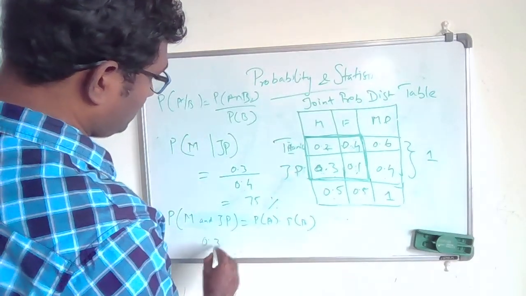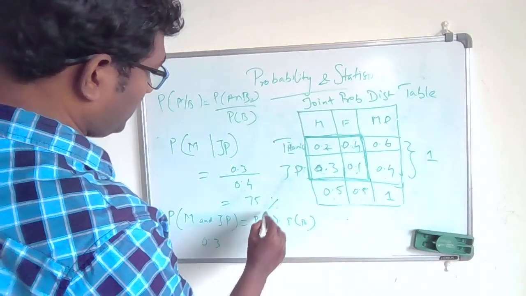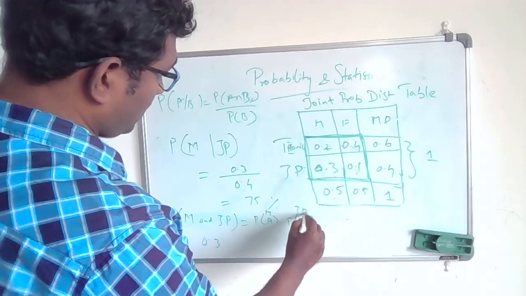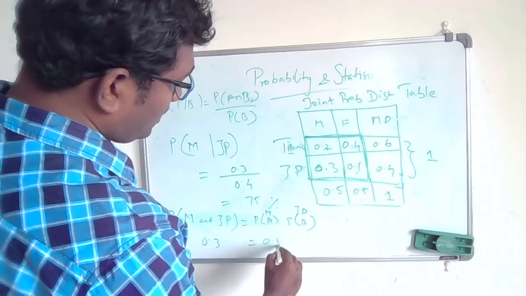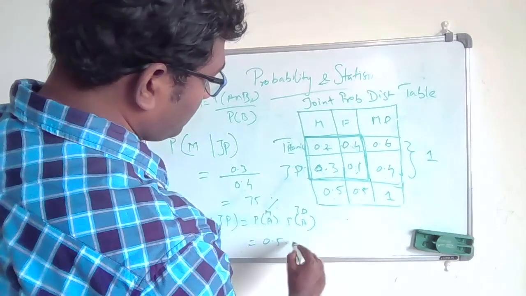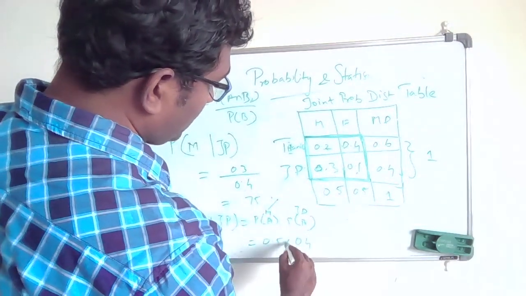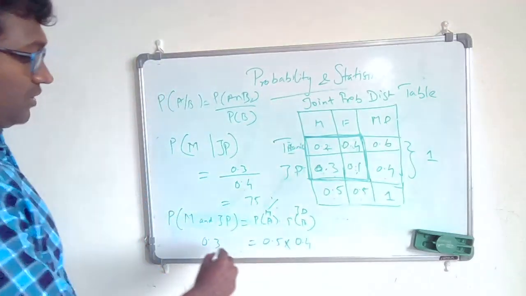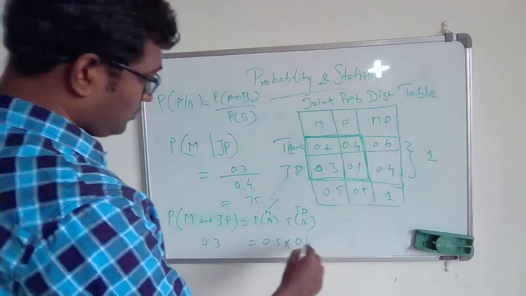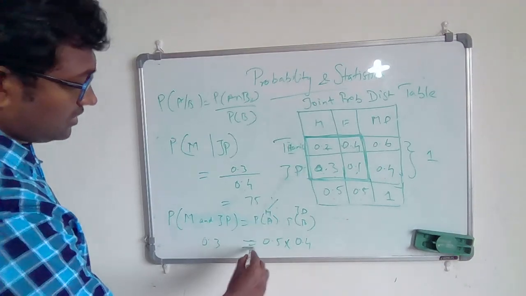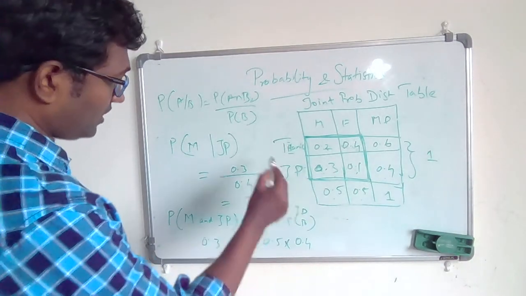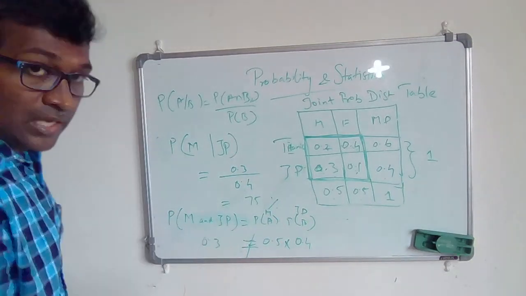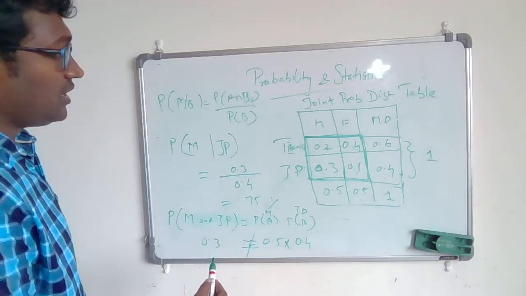The marginal probability of male is 0.5, and the marginal probability of Jurassic Park is 0.4. If you multiply these two, it is 0.2, which doesn't match. So we can conclude that these are not independent, and there is a dependency between the movie and being male. This also helps us answer questions about independence.